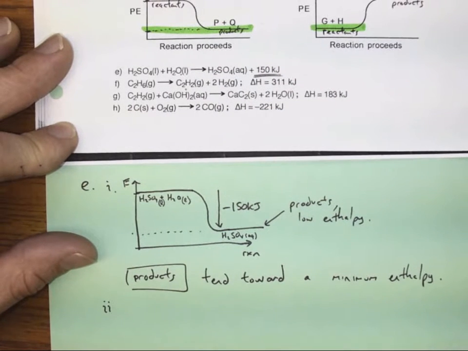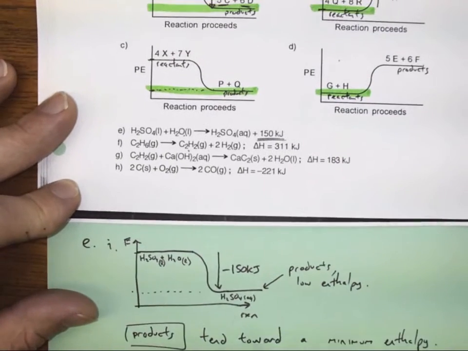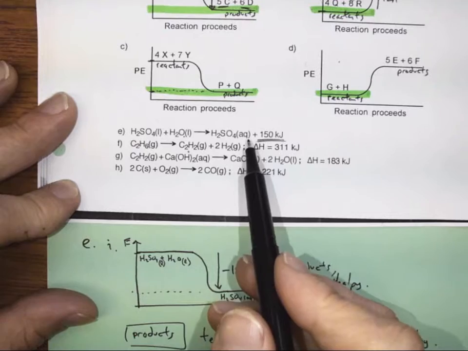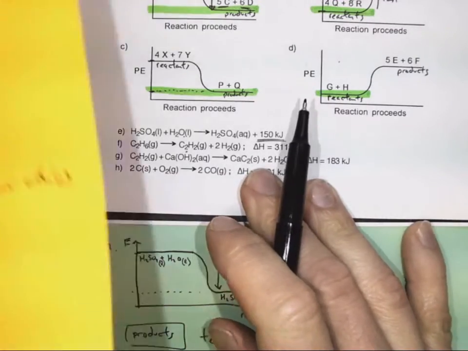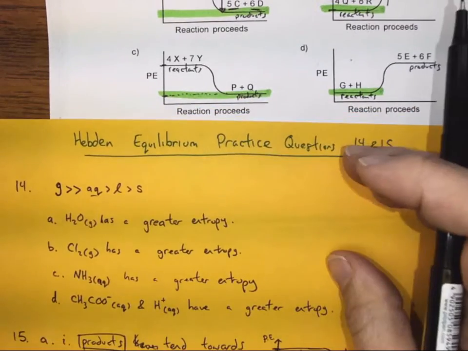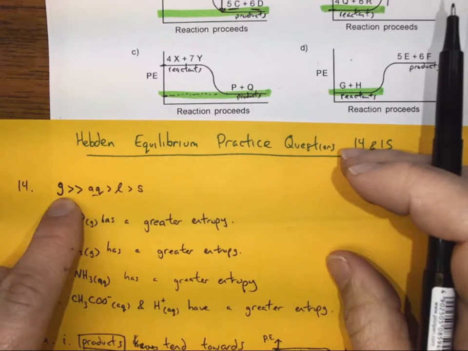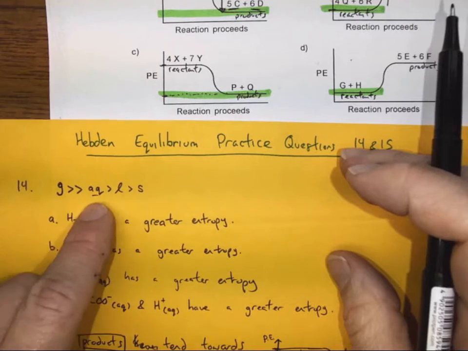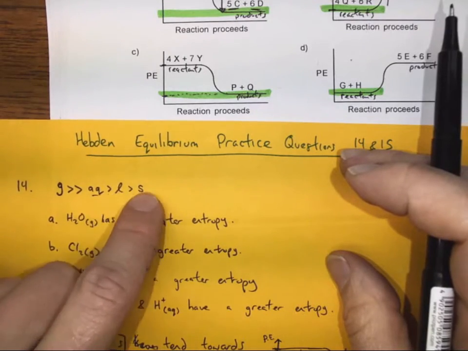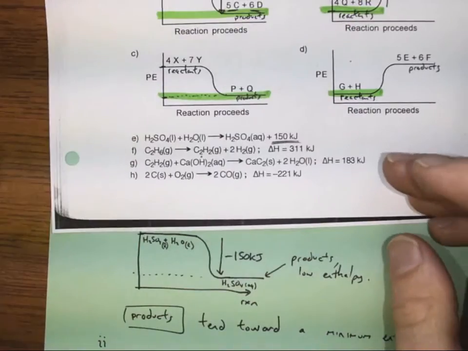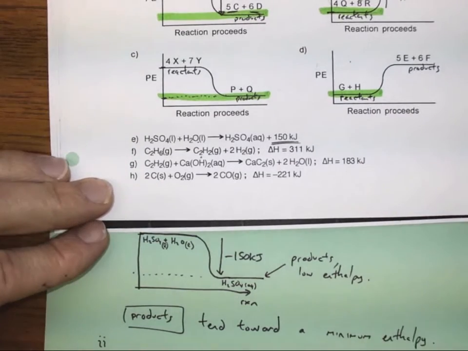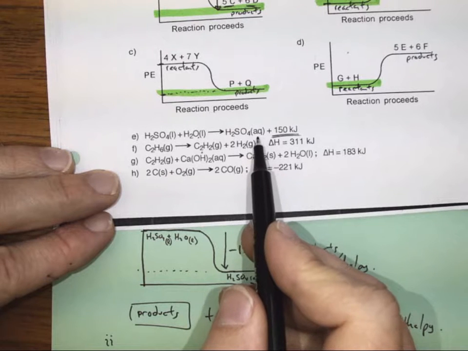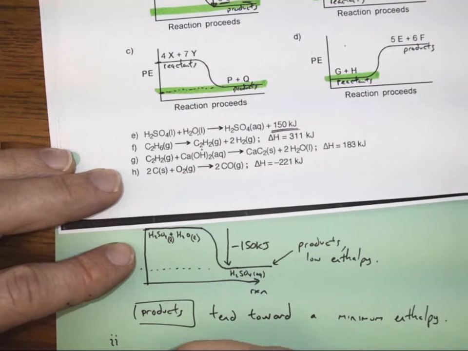So, okay. What about an entropy argument? Which side has a more chaotic phase? We talked earlier about this principle that gases are more entropic, have a higher degree of chaos than aqueous solutions, which are more so than liquids, which are more so than solids. So I'm going to compare these phases, and I see I've got an aqueous phase over on the products.